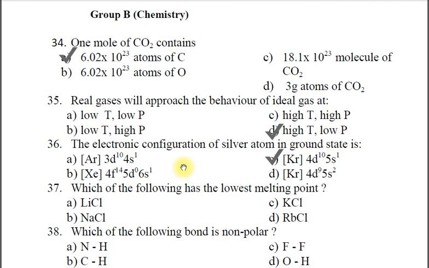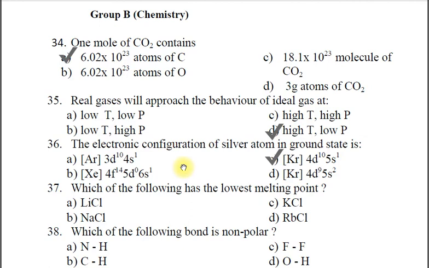The initial orbitals are written as 1s2, 2s2, 2p6, 3s2, 3p6, 4s2, 3d10, 4p6, 5s2, 4d9, and the initial ones can be replaced by krypton.